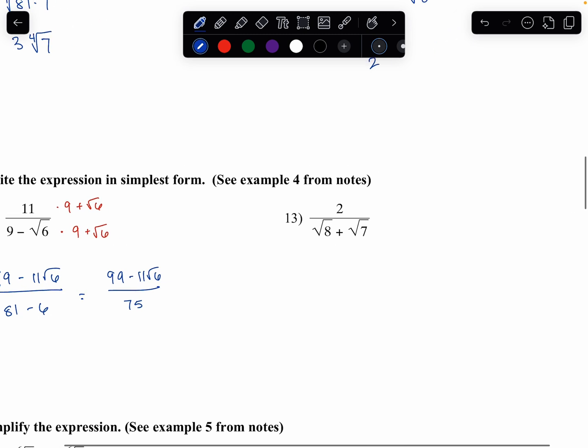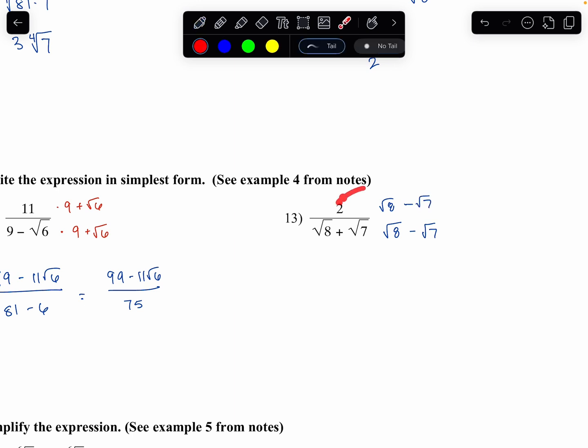And I'll do the same thing here. I'm going to multiply by the square root of 8 plus or minus the square root of 7. But since I'm multiplying the bottom, I have to multiply the same thing by the top. And then I'm going to distribute that 2. So it becomes 2 root 8 minus 2 root 7 all over.